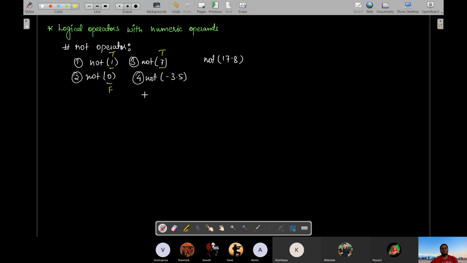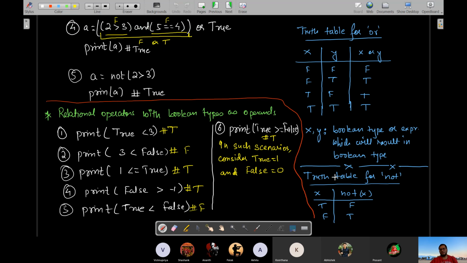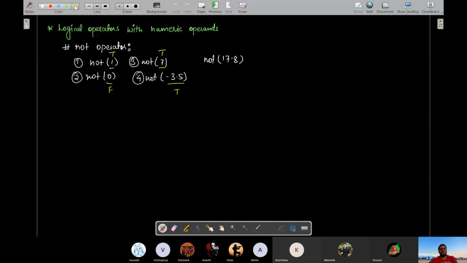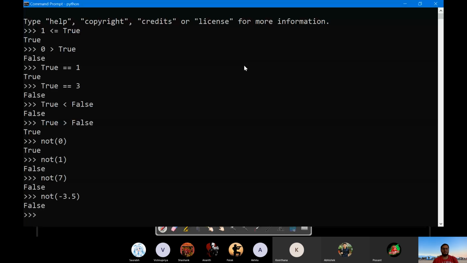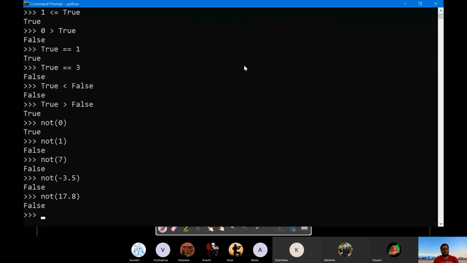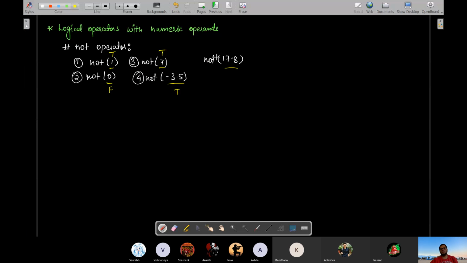False. That means this is assumed to be, sorry, true again. Answer false आया है because not is reversing. And 17.8. फिर से that has been assumed as true, तभी इसका उल्टा false आया.